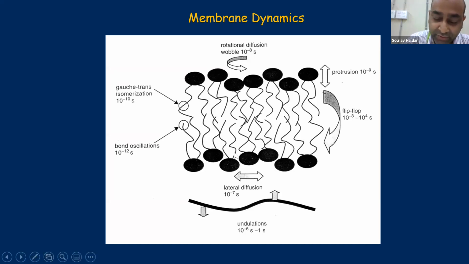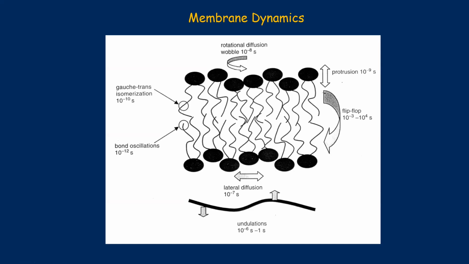This is taken from a very classic textbook in membrane biology by Philip Yeagle. And if you are really interested in learning more about the fundamentals of bilayers and membrane physics, you should refer to this book by Philip Yeagle, and there is a similar book by Dennis. I'll share the reference at the end of my class.